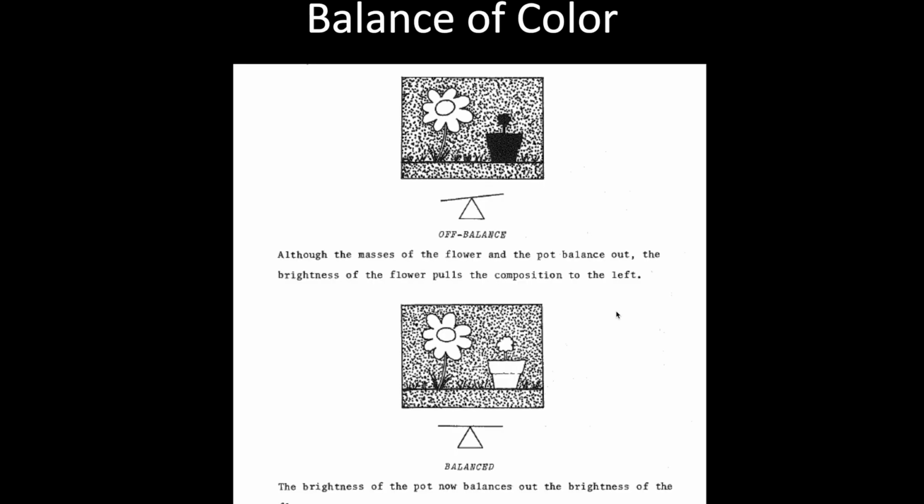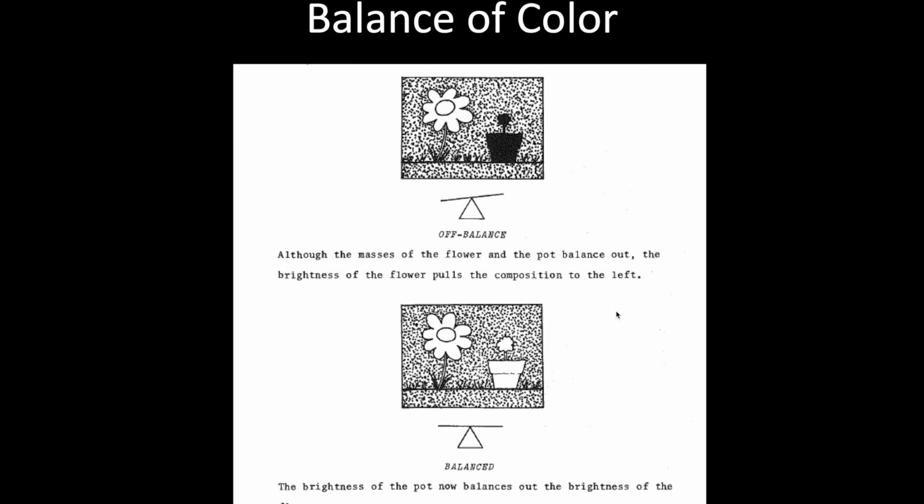Then we have balance of color. So here we have a bright, let's say it's a yellow flower and a pot. They're off balance because the masses of the flower and the pot balance out, but the brightness of the flower, say it was yellow, compared to, say, a dead black plant.